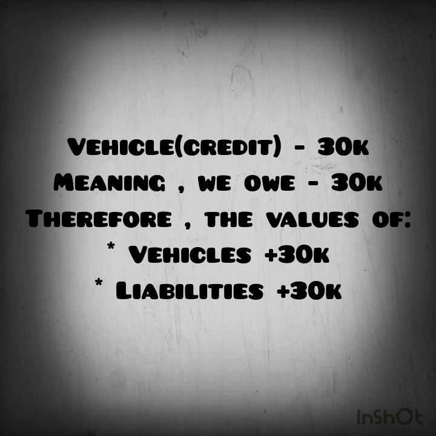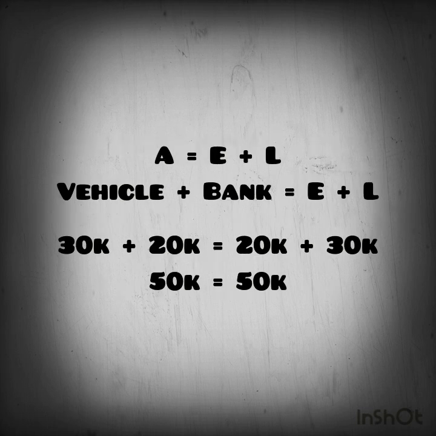That means the money that we owe to outsiders is equal to 30,000 rand. And what we have bought on credit is an asset. That means our vehicles are going to increase by an asset with the value of 30,000 rand. So we will say that the vehicle is 30,000 rand, and our liability is also 30,000 rand.